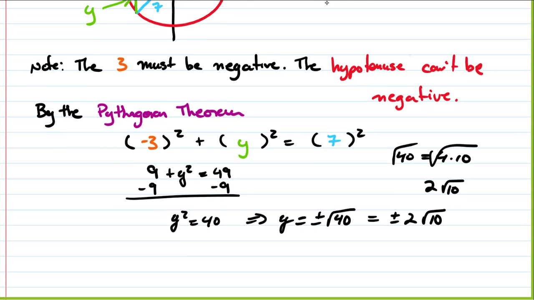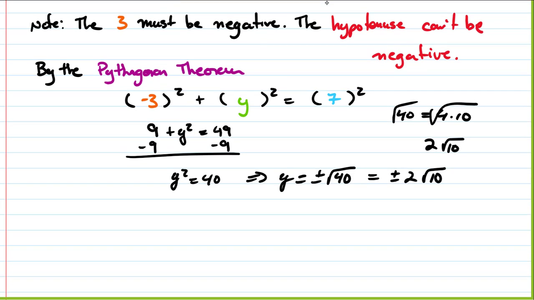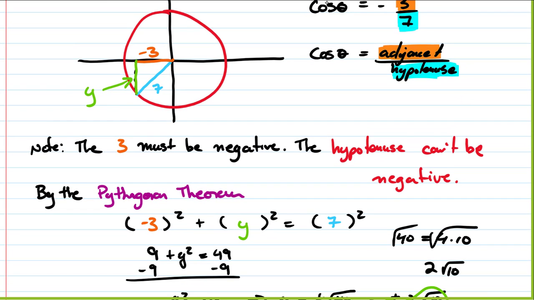We have the plus or minus, but we choose the negative square root because y is negative in quadrant 3. So we select this, and that tells us that we have negative 2 square roots of 10.